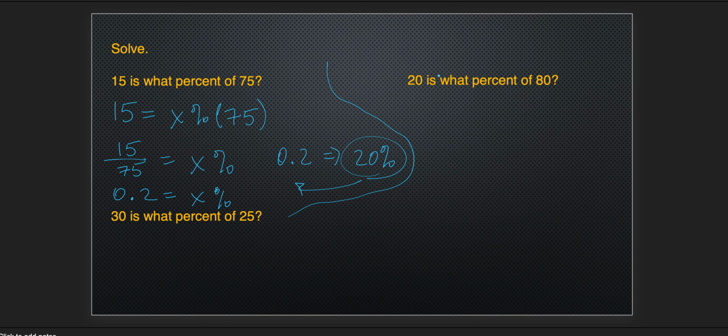So let's try this one. It's the same setup. These two different problems are the same setup. So 20 is what percent of 80? So the first thing I want to do is divide that 80 out of there so I can get x by itself.